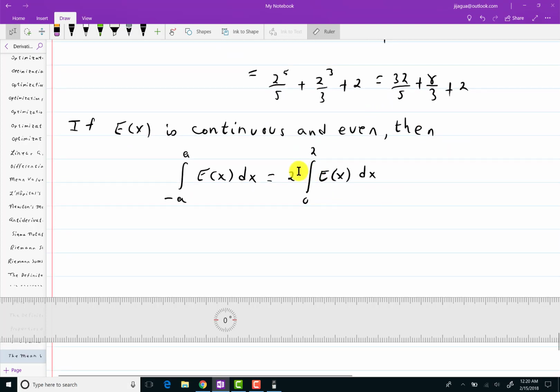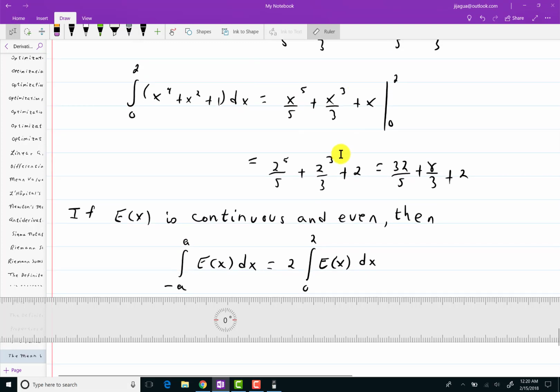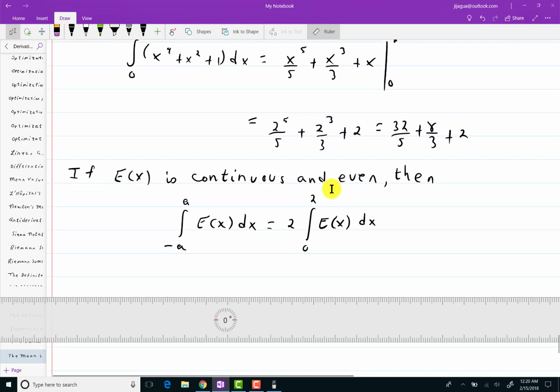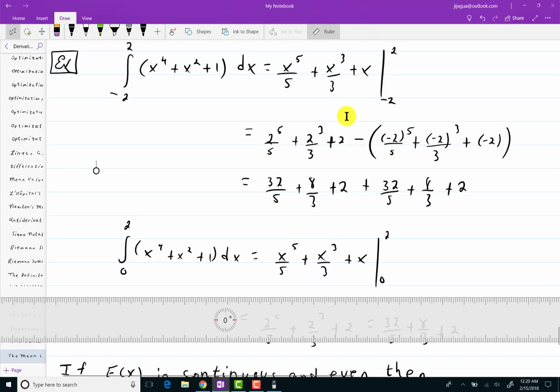Sometimes it's not such a big deal. Like here, I'm making it seem like it's a big deal, but this particular example is not the greatest one in the world. If the computations were incredibly arduous, this usually will be a much nicer computation to do than both of these.